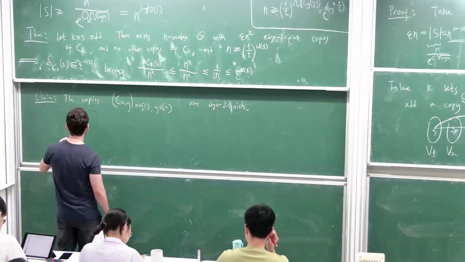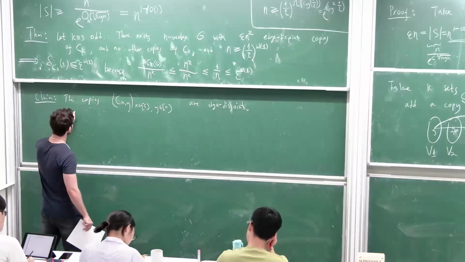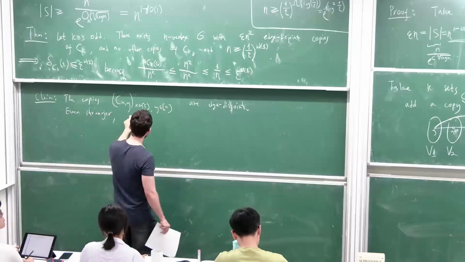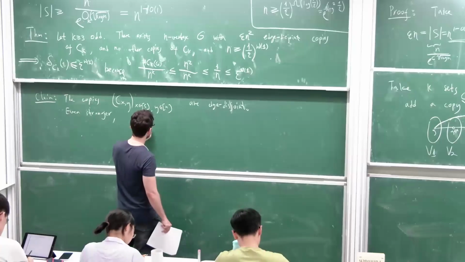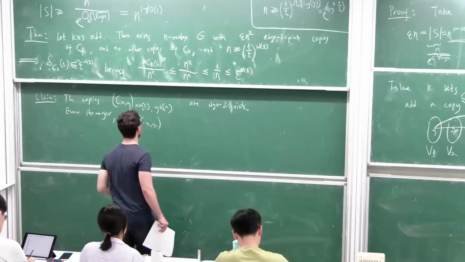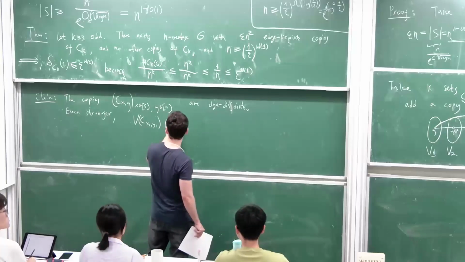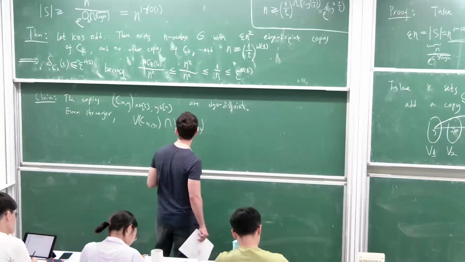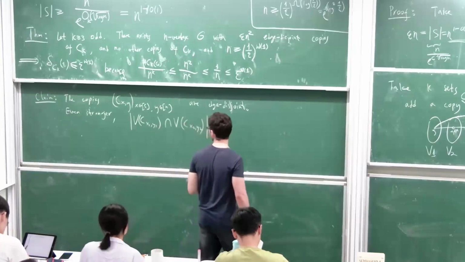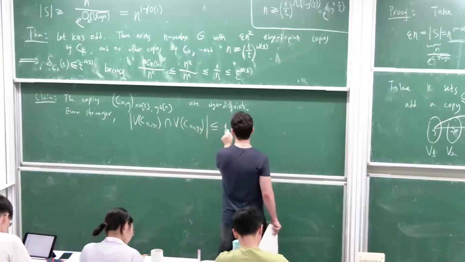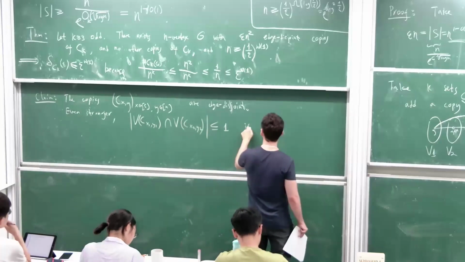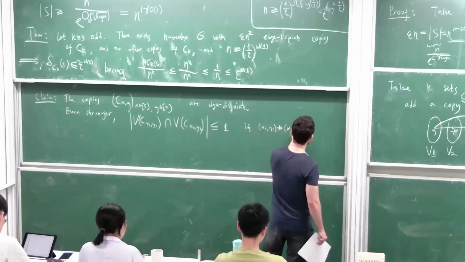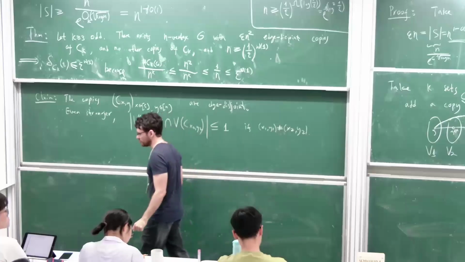In fact, even stronger, the vertex sets of C(x1,y1) and C(x2,y2) can intersect in at most one vertex. So in particular, they cannot share an edge.